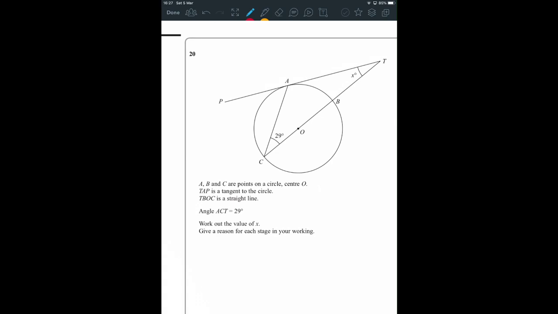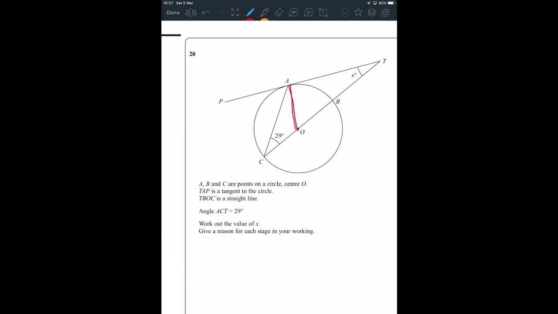And this is where we try and think carefully about how to add in the information that we need. Well, certainly I can add in the line O to A. Often quite useful to add in lines into these problems.